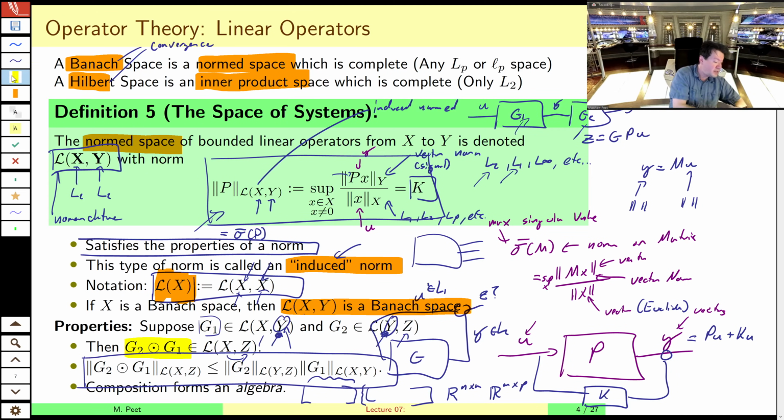So that the size, the norm of the composed system is less than the norm of the first system times the norm of the second system. So this is the submultiplicative inequality, which we talked about on a previous slide. Okay. And if you have this, then the composition multiplication you defined is well defined, and we have this algebraic structure that we can then work with.